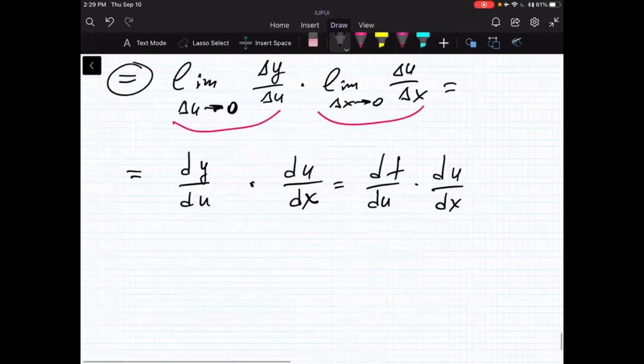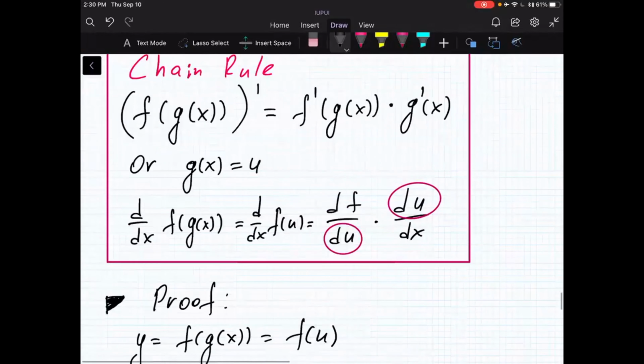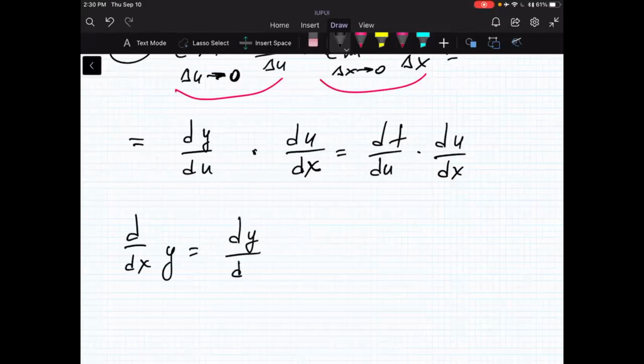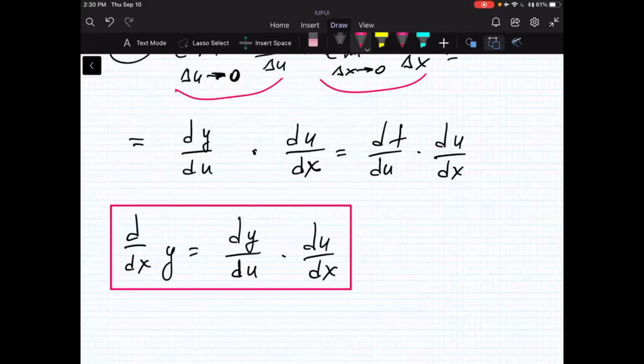Yes. Or again, a third way to write it down: the derivative of y is equal to the derivative of y with respect to u, which is g, times du over dx. That's what we obtained here. But again, these are all equivalent forms, just the matter of notation.